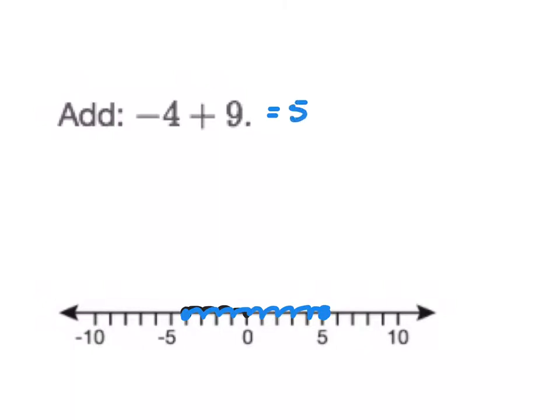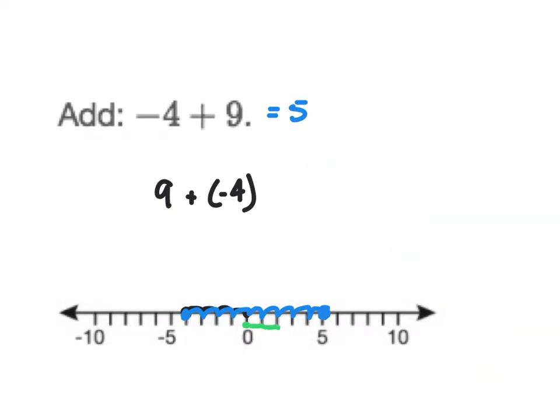Now I also want you guys to think about something here. What if I did 9 plus -4, and I switched these around and kept an addition symbol in between them? I want you to think about that, because we're going to use this concept a lot. I'm going to start at 0 and start at 9.